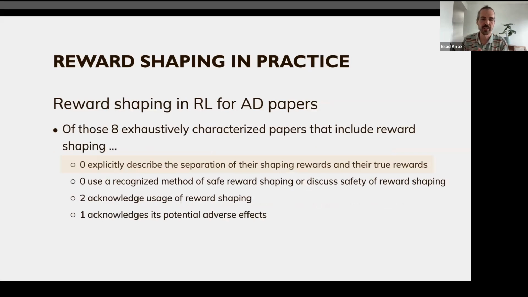Presumably there was no separation. None of them used a recognized method of safe reward shaping or discussed the safety of reward shaping. 2 of them acknowledged that they did reward shaping, and only 1 of them talked about potential adverse effects. So while there's literature on shaping that looks at it very rigorously, the way it's being done in practice looks quite different than what the literature talks about.